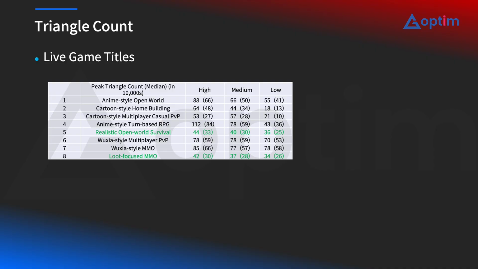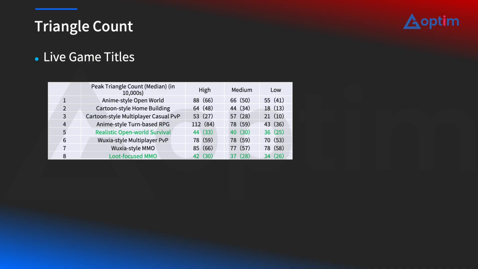During collection, we focused on open scenes where the camera can rotate freely. Most of these games support 360-degree camera movement, allowing us to observe geometry changes from different angles. Based on these conditions, we recorded triangle counts across low, medium, and high-quality settings. We marked 2 of these products in green as they represent particularly well-optimized cases.